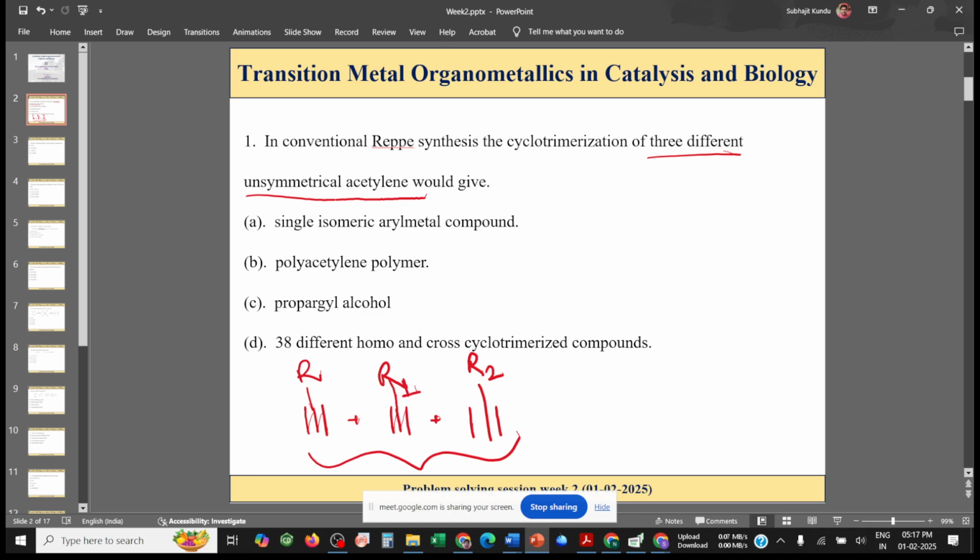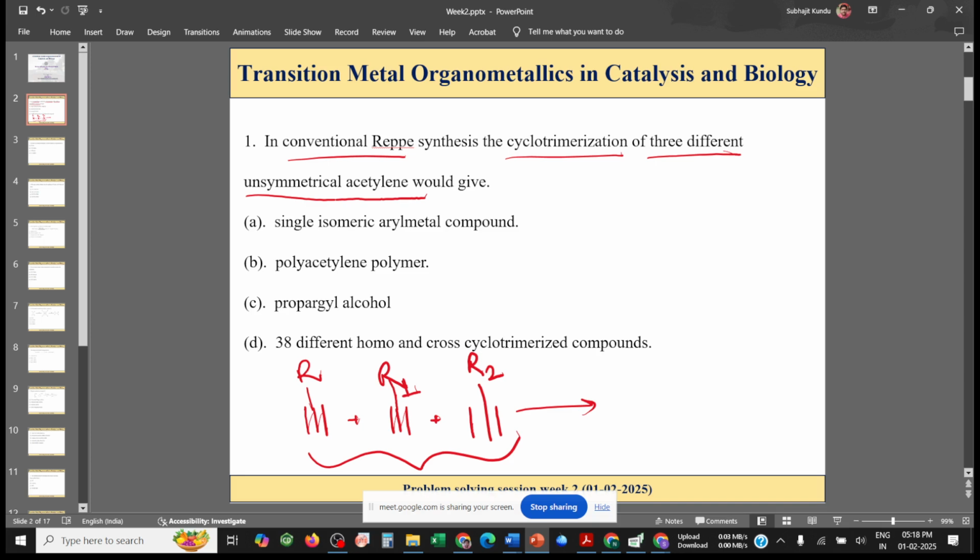When it undergoes cyclotrimerization, or you can say the oligomerization reaction, during conventional Reppe synthesis, it gives multiple cross coupled and homocoupled products.